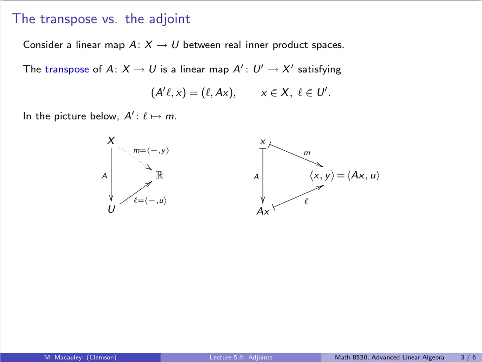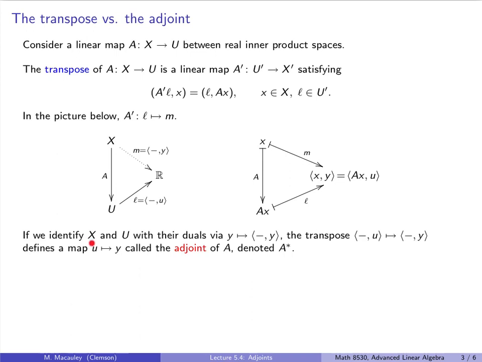So the transpose literally is the map that sends this L to this M. So if we have a linear scalar function on U, there's a natural way to send that to a linear scalar function on X just by precomposing it with A. So in other words, A prime sends L to L of A, and we'll call that M.